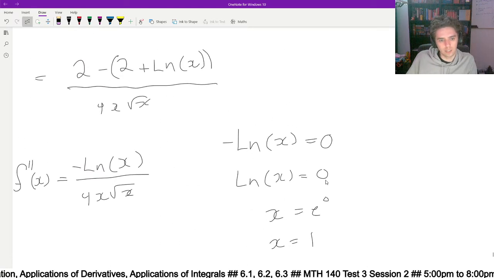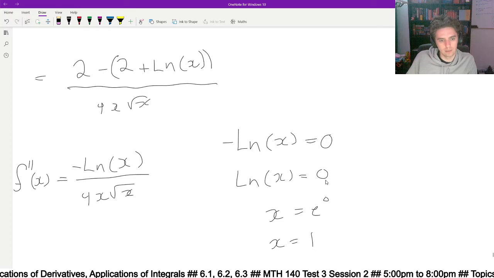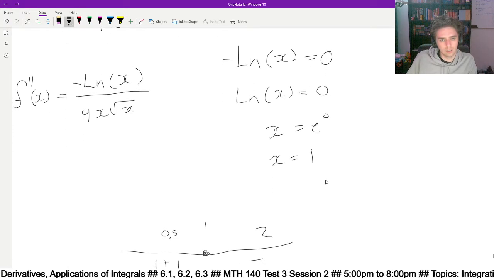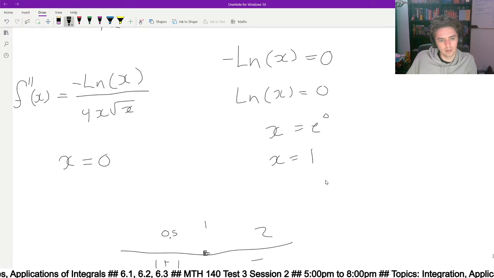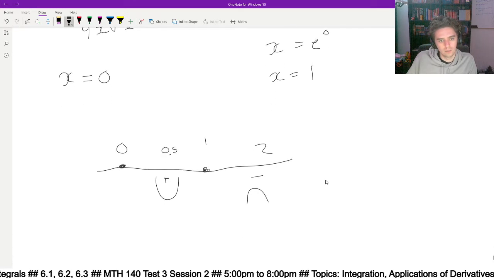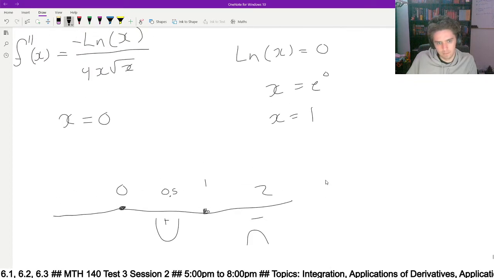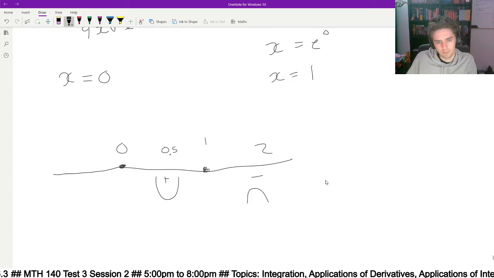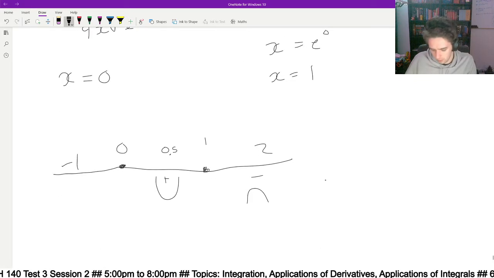So that means we're concave up from, oh, one thing we forgot to check. Where does this not exist? Where does the denominator not exist? Well, the denominator doesn't exist where x equals 0. So we also have to check there. So I'll try negative 1.